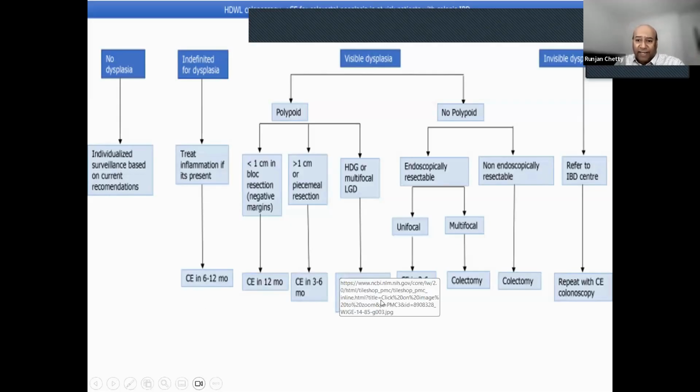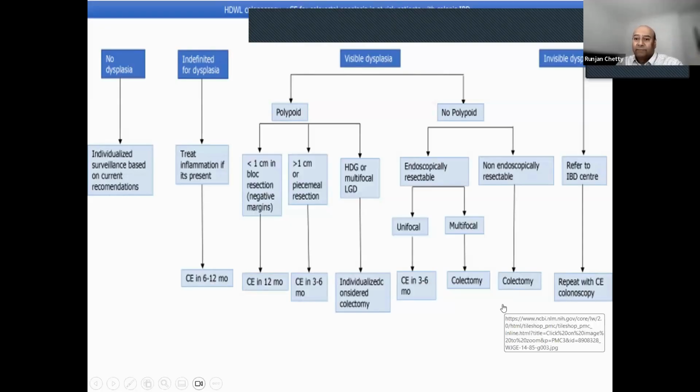And then non-polypoid, again, it depends on whether it is multifocal or unifocal, and that will influence whether the patient is followed up or has a colectomy. And there's this term right at the top there called invisible dysplasia. That's invisible to the endoscopist. And if they're worried, then the patient should be referred to an IBD center and the whole process repeated with biopsy, I might add.